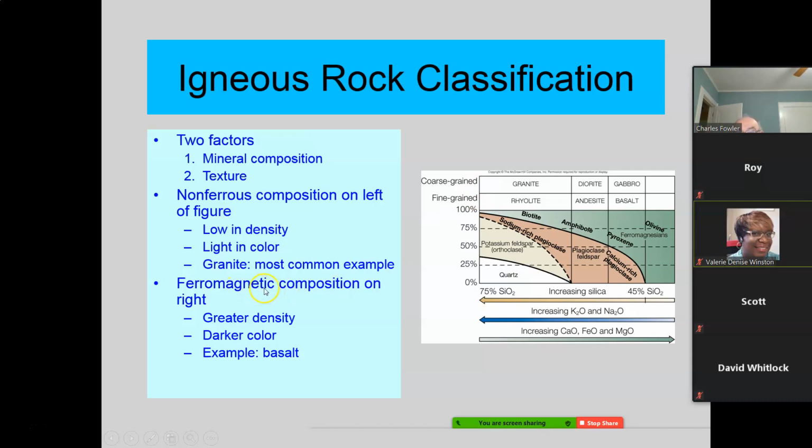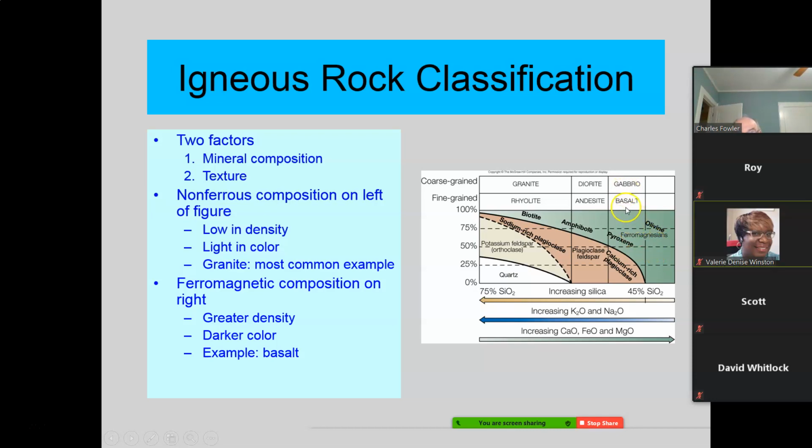Your ferromagnetic composition is on the right. This is again your mineral composition. Non-ferrous composition doesn't mean it has no iron, it just has less iron. Your more ferromagnetic composition is on the right here, and that's your olivines. Olivine is almost totally iron-based silicates, ferromagnesium silicates.